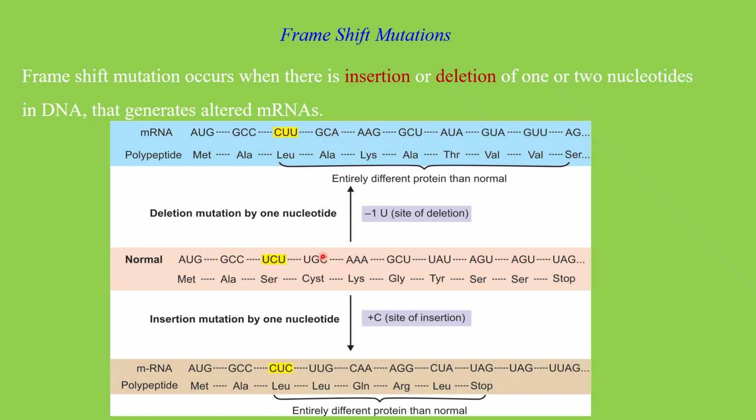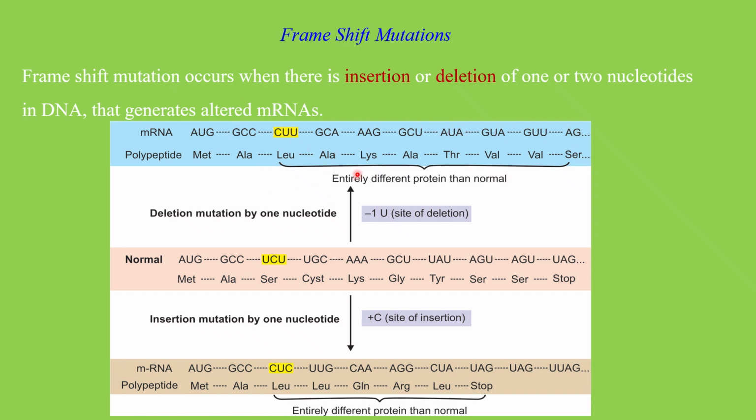One nucleotide is now reverting back, it is added to the previous nucleotide codon. So this is how it happens. This is the deletion mutation of one nucleotide. An entirely different protein will be coded because of the alteration of one nucleotide only, the whole frame is now changed.